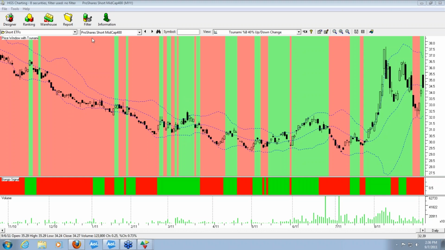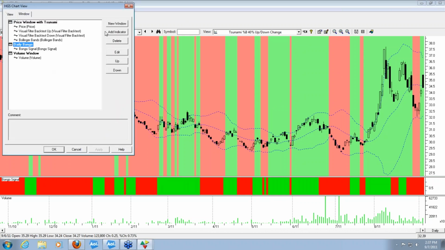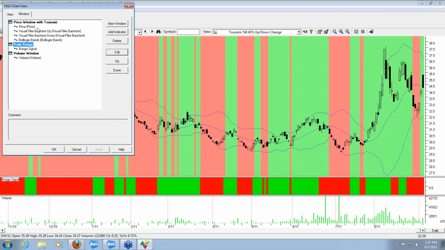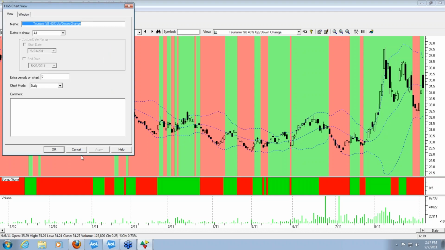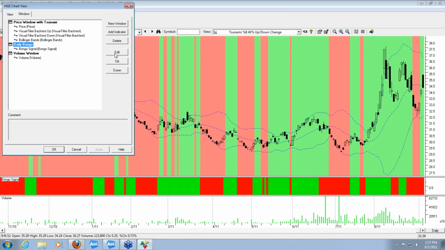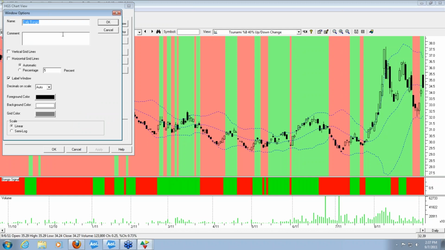One of the things that you should do, I didn't do, I should have, this just says Bongo signal. I know normally it's weekly. In fact, you know what? I'm going to change it right now. The current view, Daily Bongo, edit, and that should say Daily Bongo.